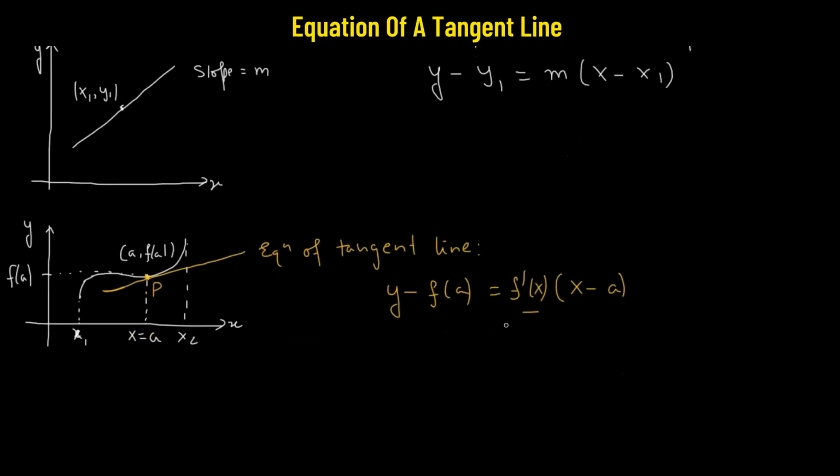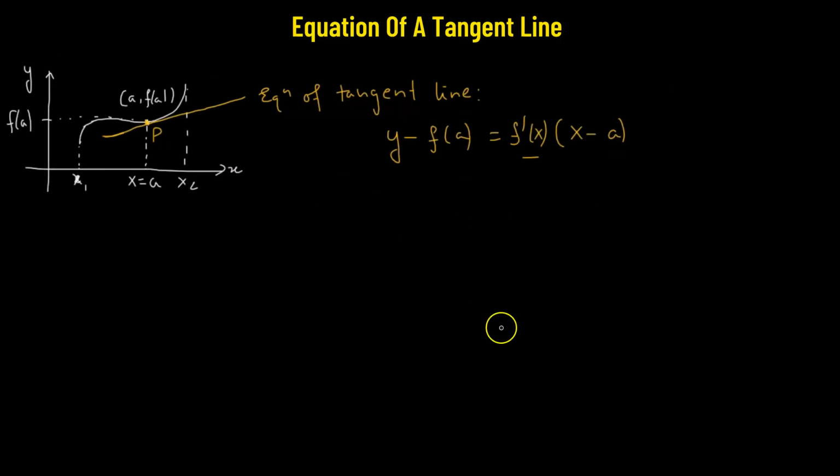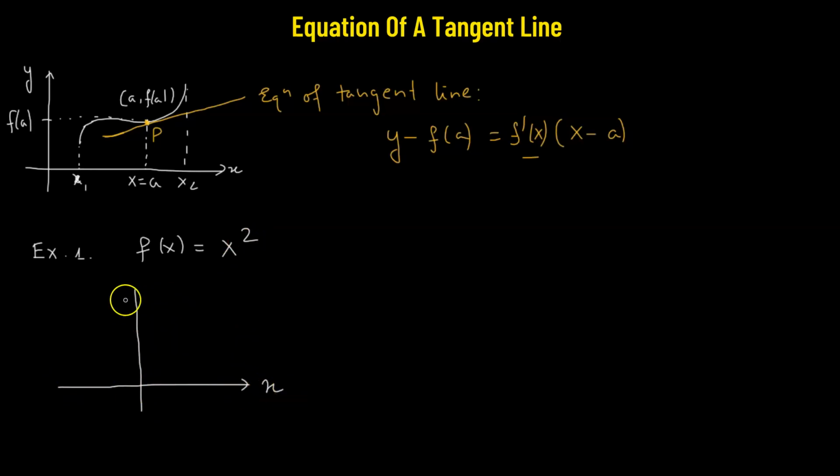Okay, so let's try to use this expression to find the equation of a tangent line. We'll consider our first example. Let's say we have a curve given by the function x squared. This is a parabolic function, also referred to as the power function in the general case. So we have the x coordinate and the y coordinate.